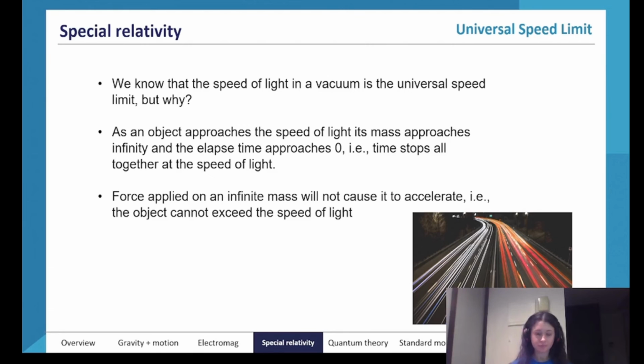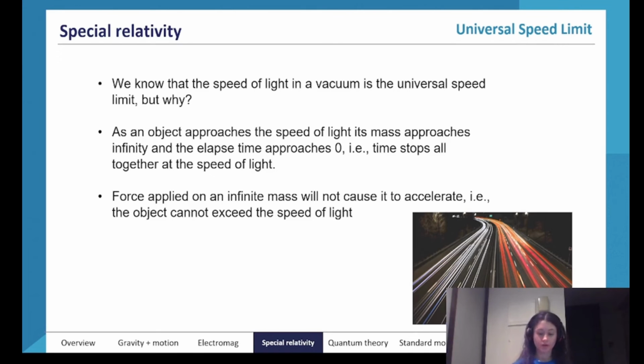The reason this all occurs is because Einstein, who came up with this theory, observed that the speed of light is constant. The speed of light never changes. So regardless of how you are moving, as long as you're moving with a constant velocity, the speed of light in a vacuum is always going to be the same.